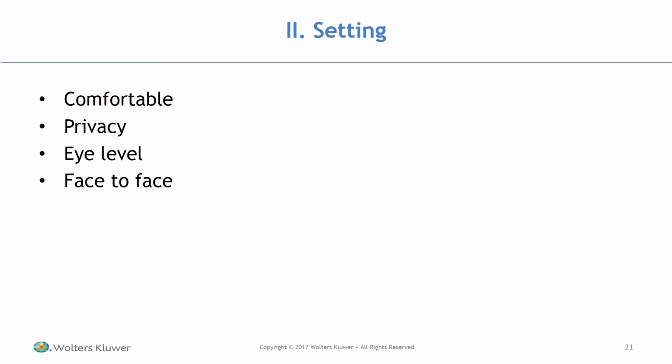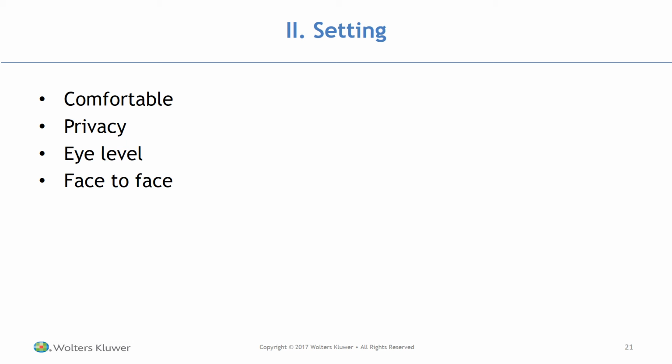Then as a healthcare provider, you want to sit on your chair. One mistake that I see students doing in the clinic occasionally, for the most part good, but occasionally I'll have to just go over and offer them a chair. You don't want to be towering over your patient, okay? You want to be sitting at eye level, sit on your clinician's stool or your operator stool, and then face the patient.